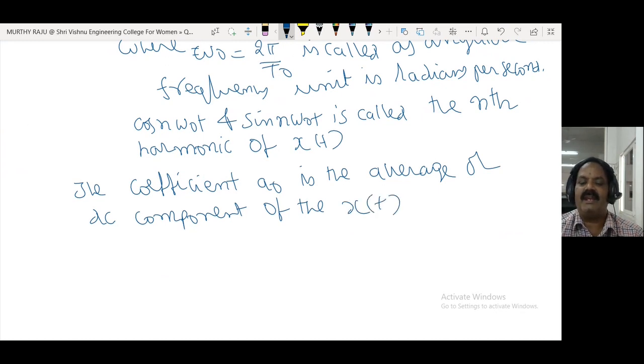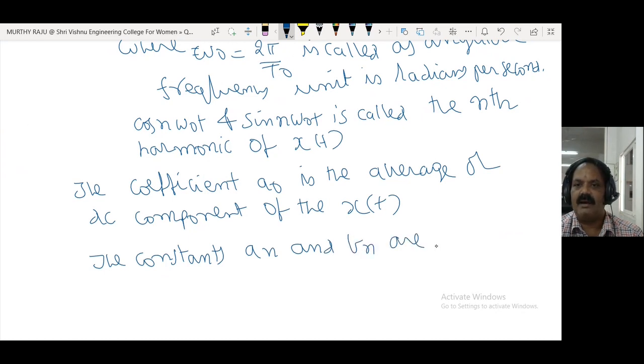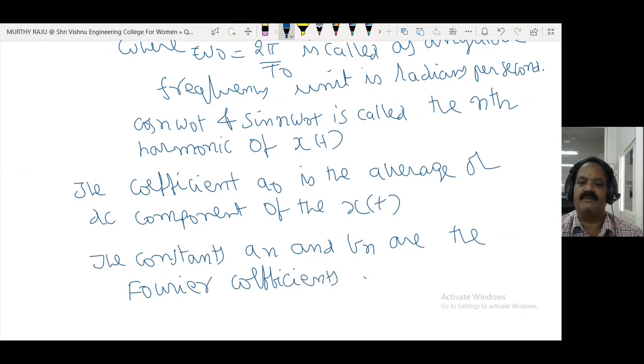The constants an and bn are the Fourier coefficients.